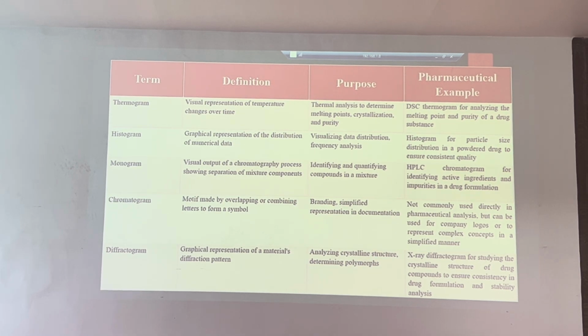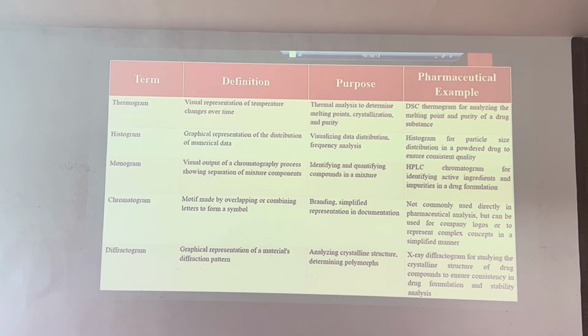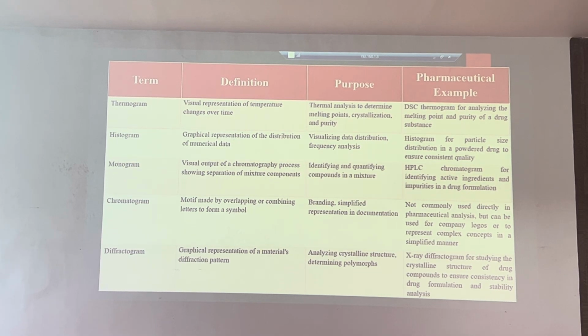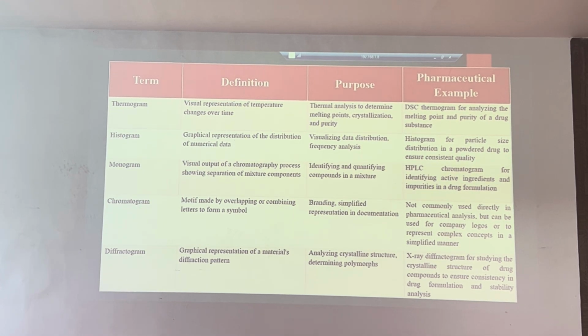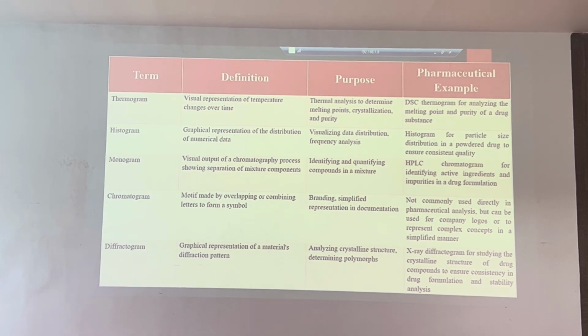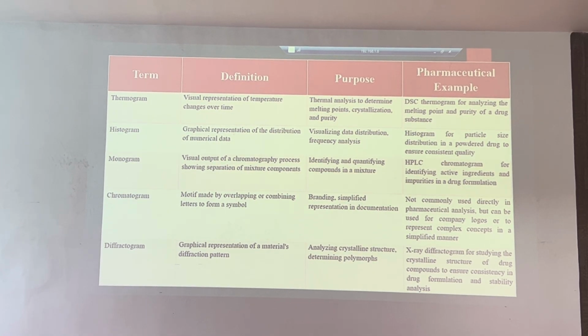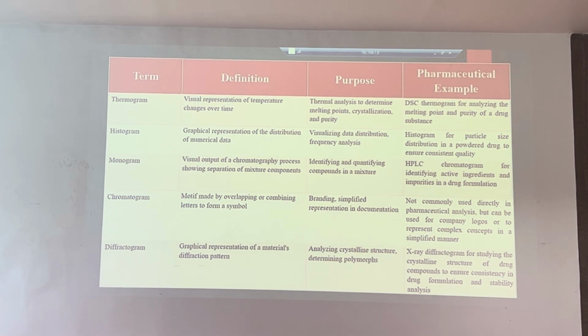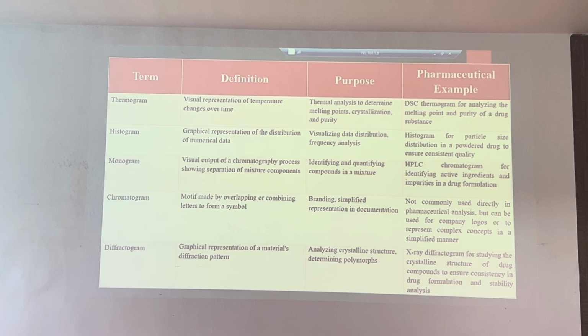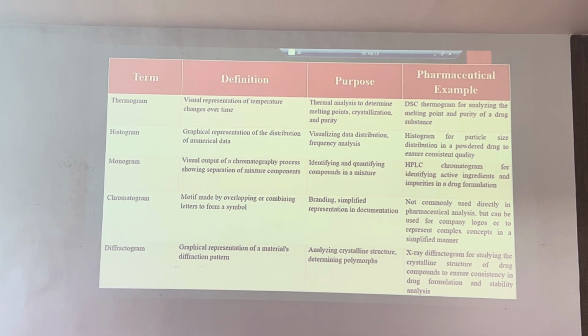A histogram is the graphical representation of the distribution of numerical data, used for visualization of data distribution and frequency analysis. A pharmaceutical example is a histogram for particle size distribution in a powder drug to ensure consistent quality. So basically, we can call it a histogram when you are doing PSD analysis, checking the particle size distribution, how exactly it happens at 1 micron, 3 micron, 0.9 micron, 0.5 micron, wherever.